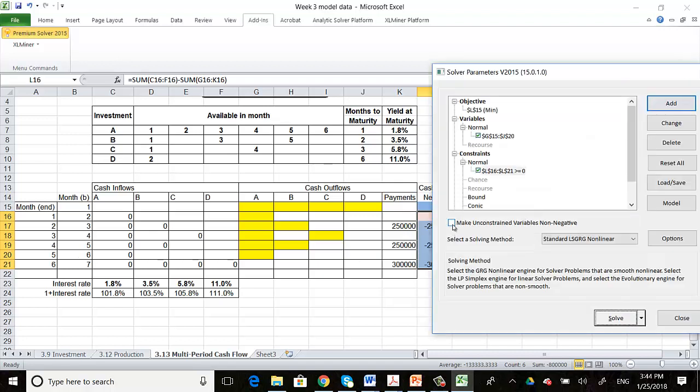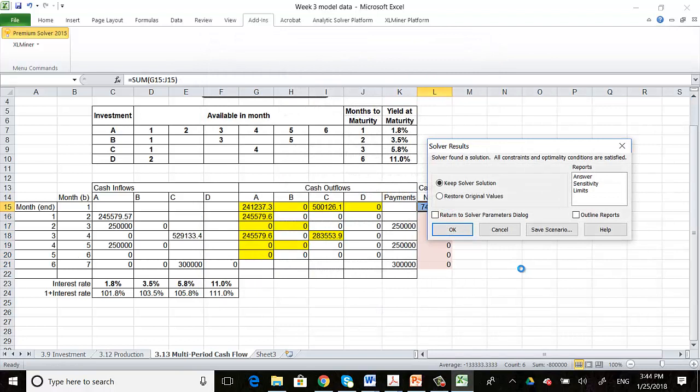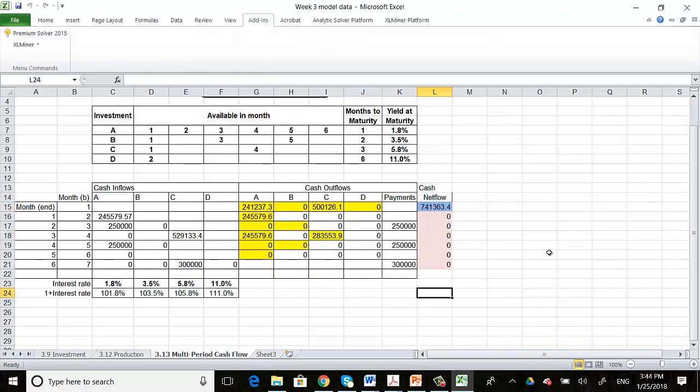Make them non-negative, linear programming. Okay, so you see, as we expected, those are just the zeros.